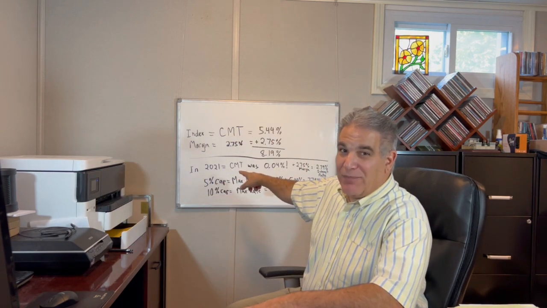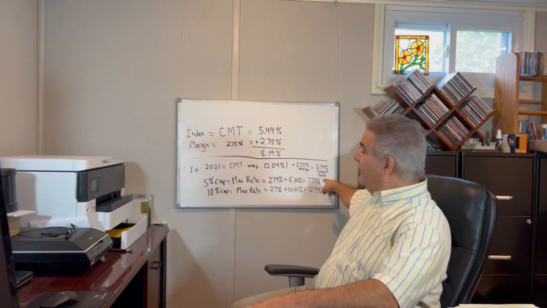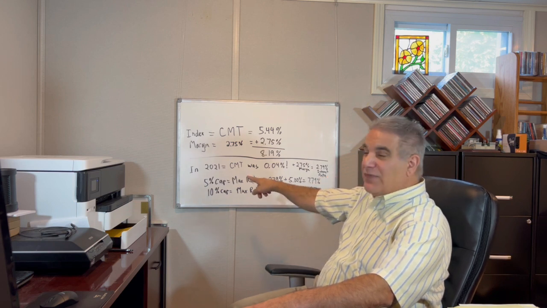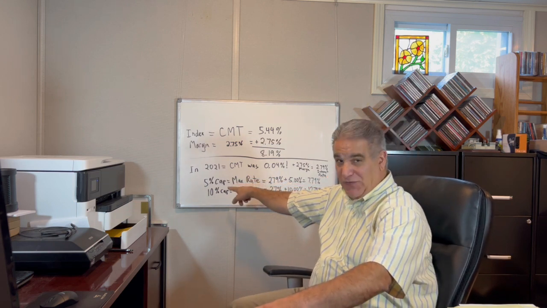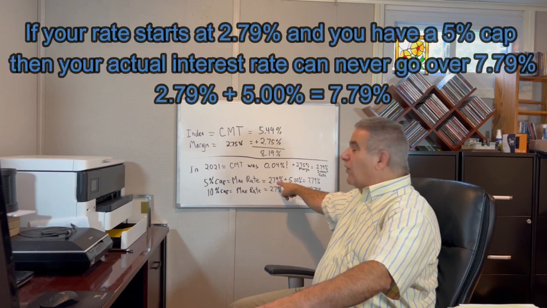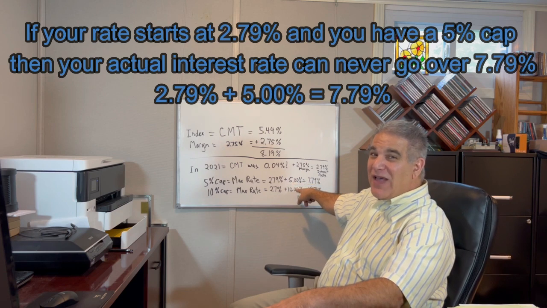Back in 2021, for example, just to show you what I'm talking about. Remember I told you the interest rate was 2.79 back in 2021. If you took the 5% cap, your interest rate, which starts at 2.79, you max out. You add the 5%.